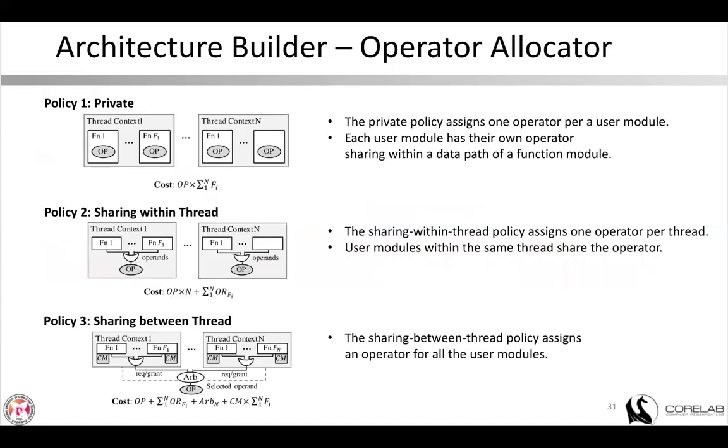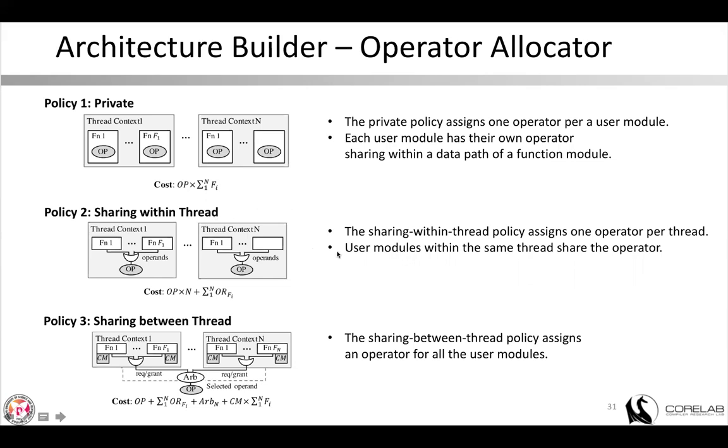When DuroHS allocates operators, Duro considers three policies for each operator type. Policy 1, the private policy, assigns one operator per user module. So each user module has its own operator and is shared within the data path of each function module.